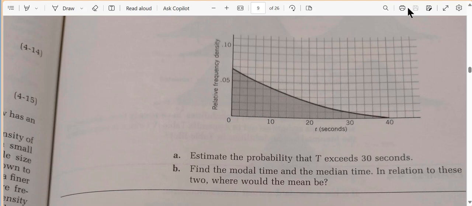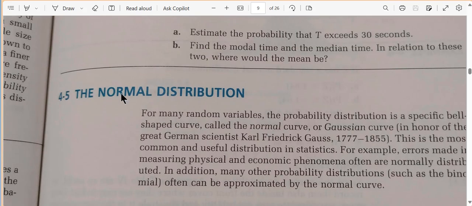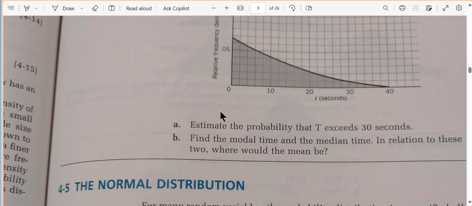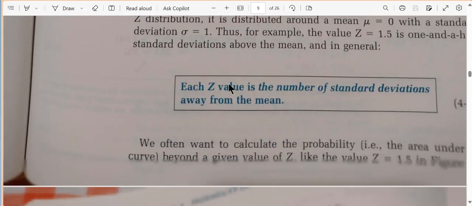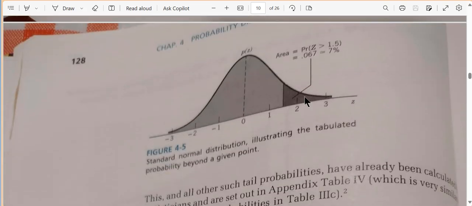Okay, next we talk about the normal distribution, which is also a probability density function, just like this is. It has the familiar shape, but for our purposes it's just another example of a probability density function. That means the area under it should be 1.